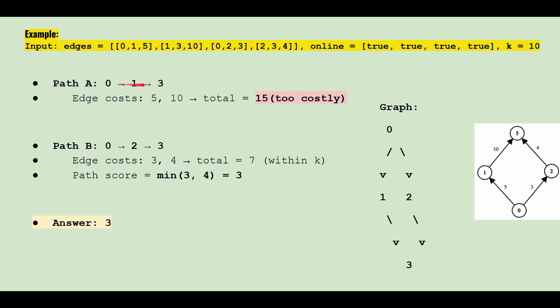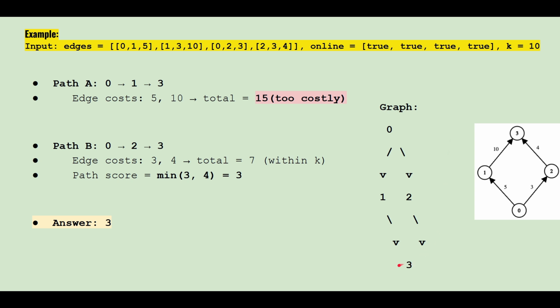Path 1 and path 2, meaning path A and path B. This path has edge costs 5 and 10, so the total cost is 15. If you represent it in the graph, suppose we start from 0, then we go to 1, then we reach 3, right? Another path is 0, 2 and 3.